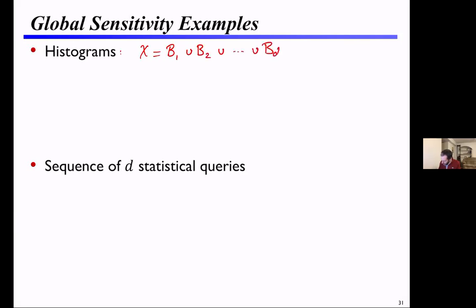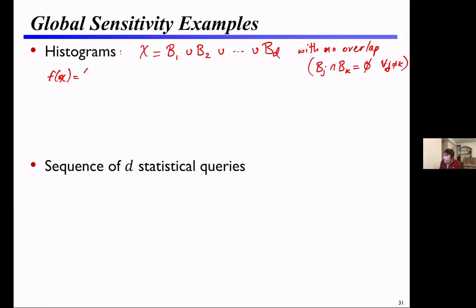So we can write this data universe as a union of different sets B_j, with B_j intersect B_k equal to the empty set for all j different from k. We're just splitting up the data universe into D pieces, and our function is the histogram of how many points land in each of these pieces.